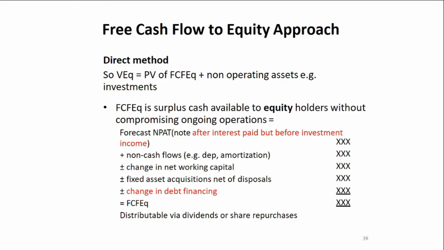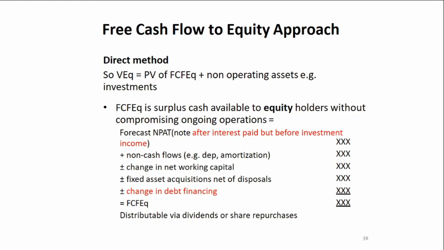When we use the free cash flow to equity approach, this is a direct valuation method in that we are valuing equity directly. So to calculate the value of equity using the free cash flow to equity approach, we will present value the free cash flows available to the shareholders, being the equity providers.